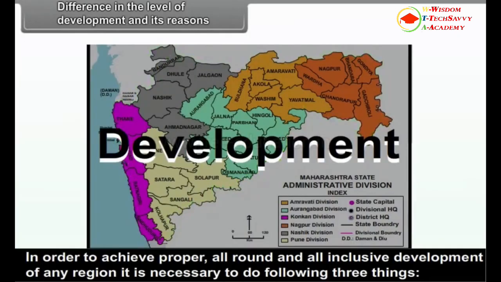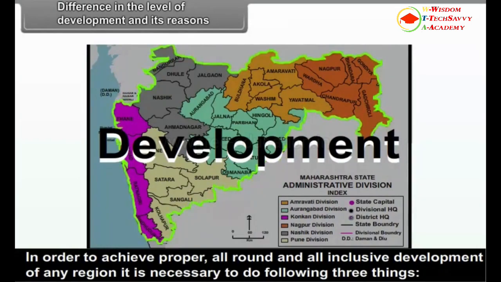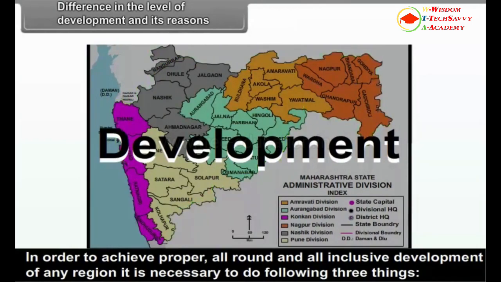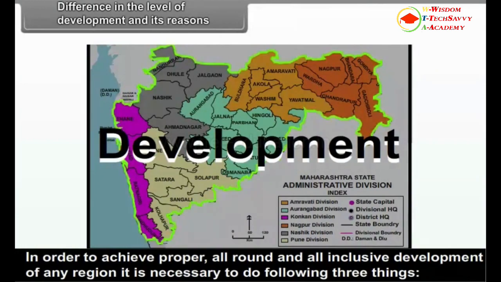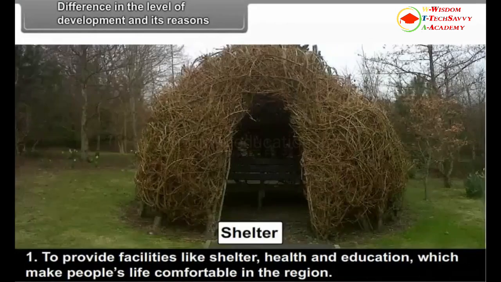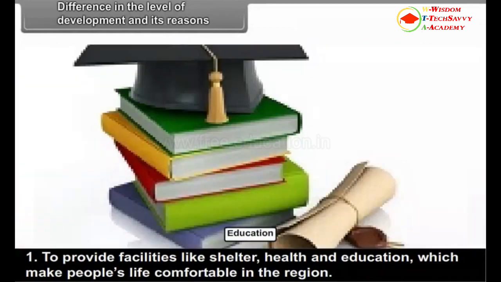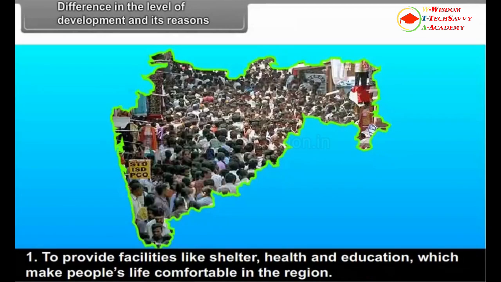In order to achieve proper, all-round and all-inclusive development of any region, it is necessary to do the following three things. To provide facilities like shelter, health and education, which make people's life comfortable in the region.